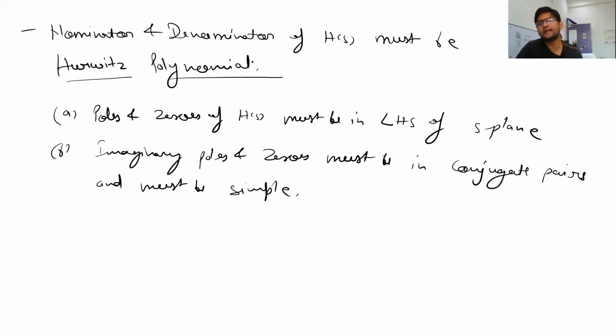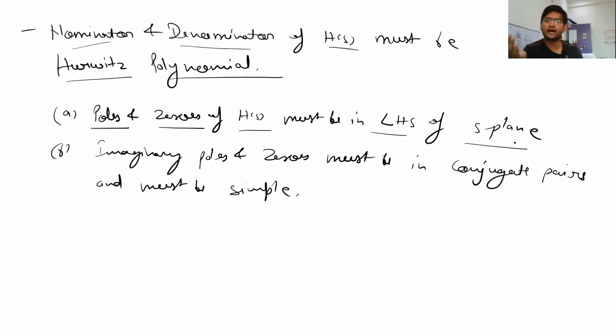So for H(s) to be able to be realized, both the numerator and denominator of H(s) should be Hurwitz polynomials, which means both have their roots in the left half of the s-plane. Then we can say that both the poles and zeros of H(s) must be in the left half of the s-plane.